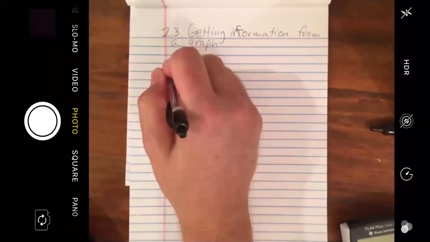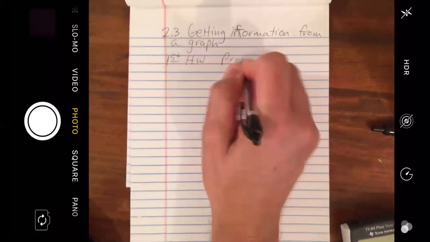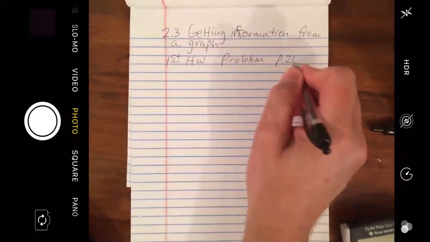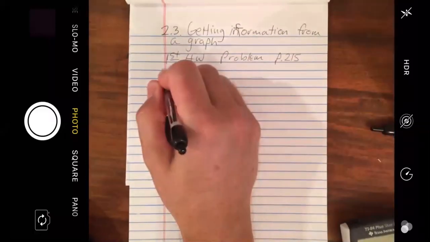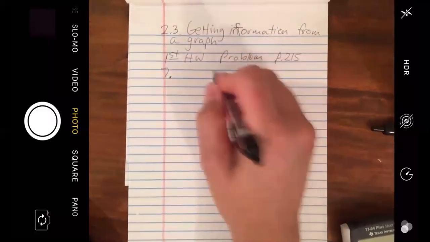So the very first homework problem, page 215, problem 7. You're given this graph.